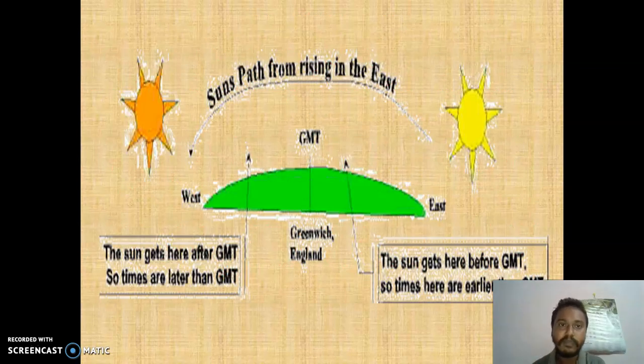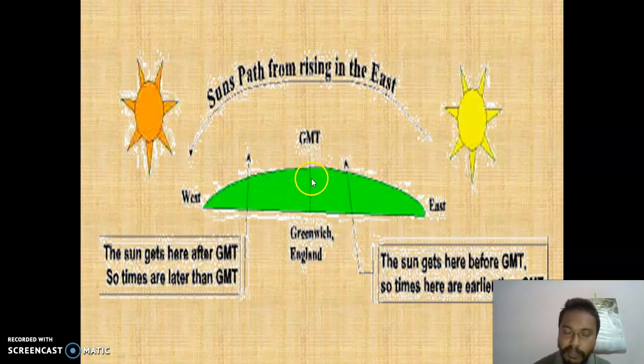Now this is explained with an example. Suppose this is GMT, the middle of the prime meridian. This is east, this is west. The sun rises from the east and goes to the west, this one you all know. So on this side the sunrise comes first.